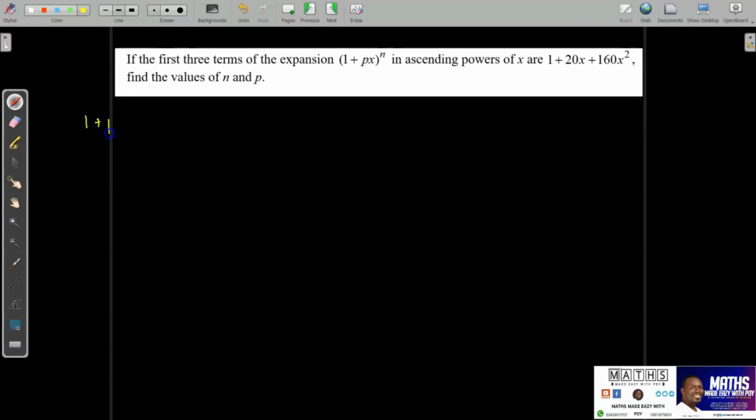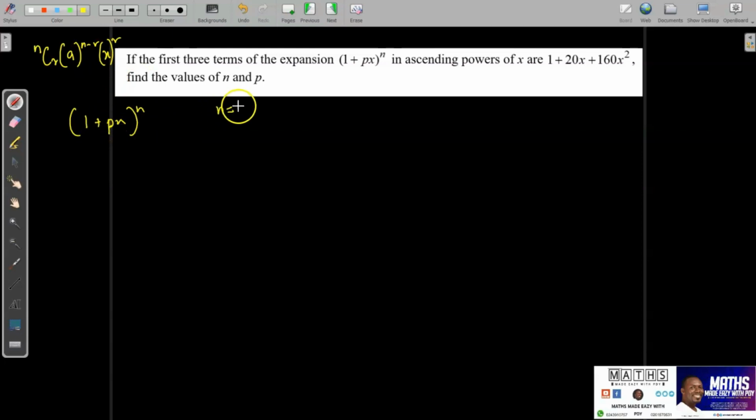Having (1 plus px) all to the power n, it means when I consider the rule n combination r, a to the power n minus r, and then x to the power r, then the question now is, what is my n value?